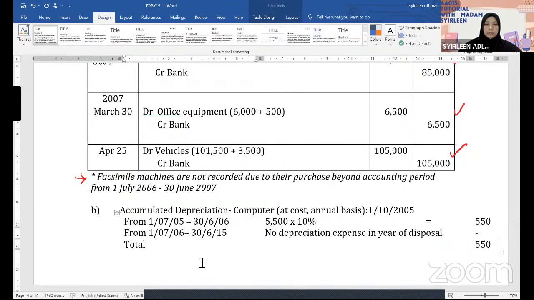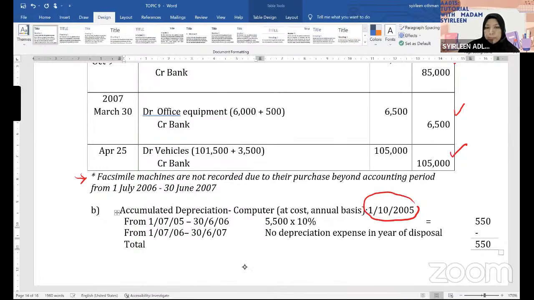So this is until 2007. Now, kalau awak tengok, di mana kita beli aset tu. Aset tu berada di sini ya. So yang ini is the one that you're doing now. You bought the computer on 1st of October 2005.